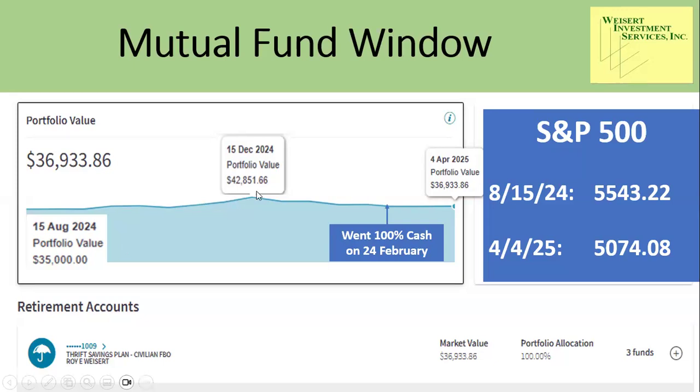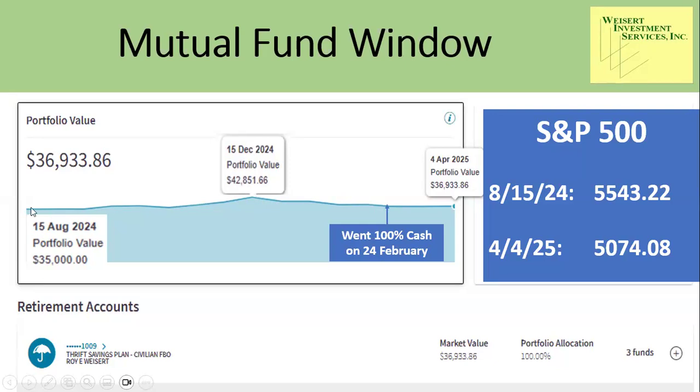It went up to 42.3 around 15 December, and then we basically had a reduction. We went 100% cash on the 24th of February, and the value as we finished up here is 36,933.